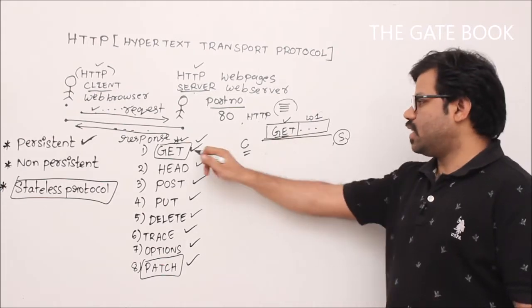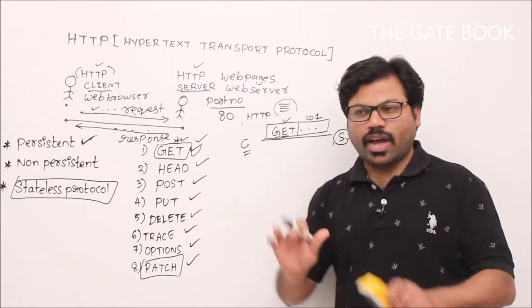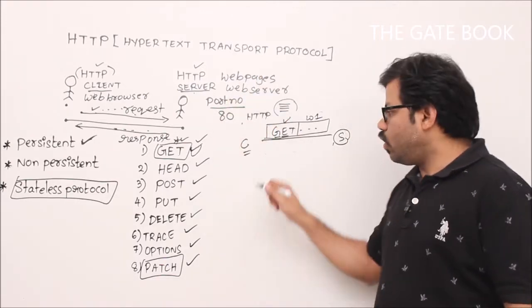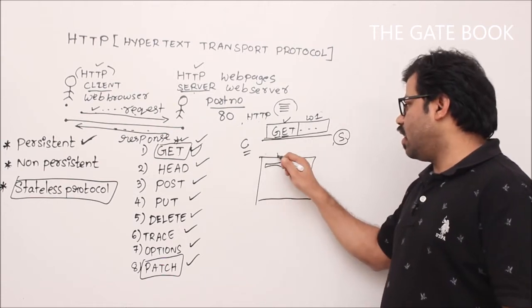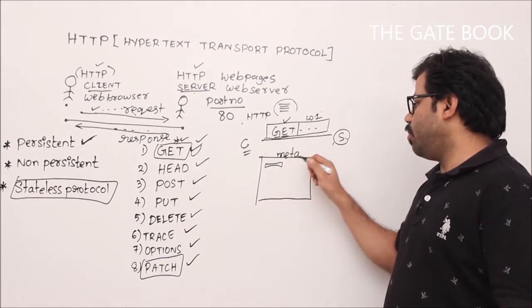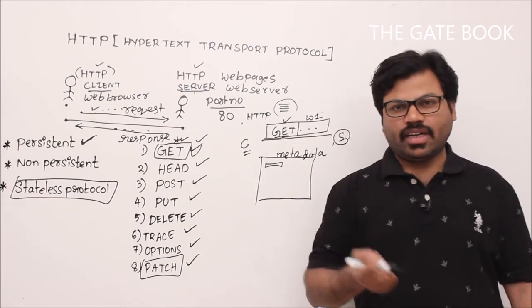We use the GET message whenever you want to access a web page. The second one: sometimes you don't want to access the complete web page, but you want to access only the metadata. That means very important information: what is the structure of the data, everything. You know what metadata is, right?